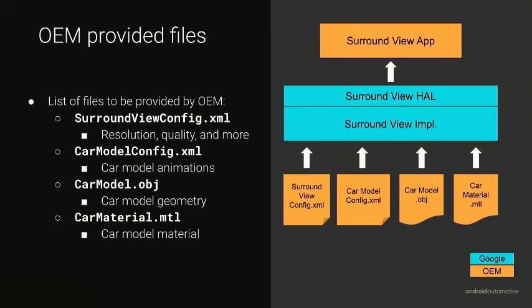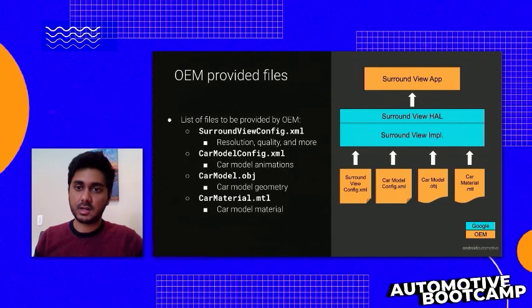So the surround view implementation that Google has can map a particular VHAL property, for example, a door being opened, to a particular object on the car model to open and close, showing realistic animations within that surround view 3D scene. And so the application gets this surround view 3D scene with the car model built into it, and does not need to do anything further than that.